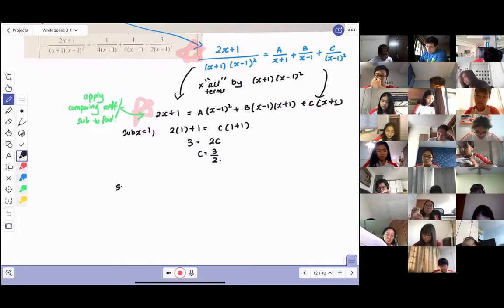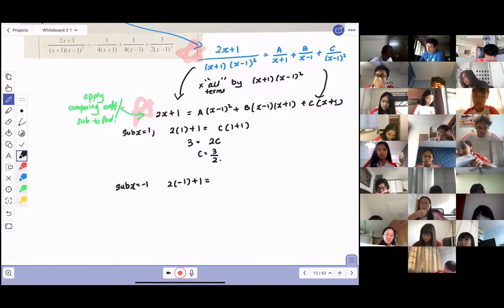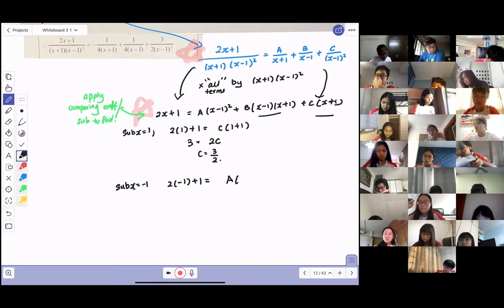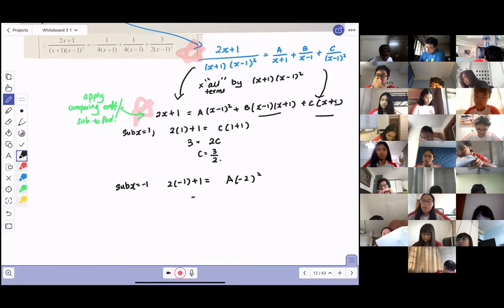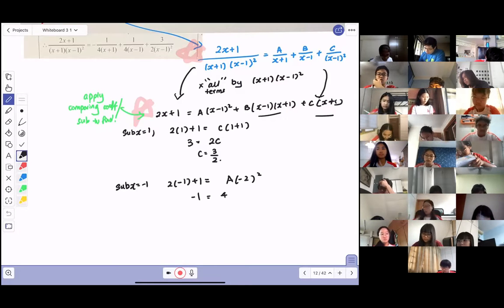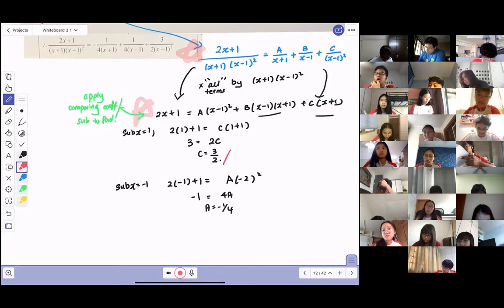So if I sub x equals minus 1, 2 bracket minus 1 plus 1, on the right hand side, B and C will disappear. I'm left with A bracket minus 2 bracket squared. 2 minus 1 minus 2 plus 1 minus 1 equals 4A. A will be equal to negative 1/4. Okay.